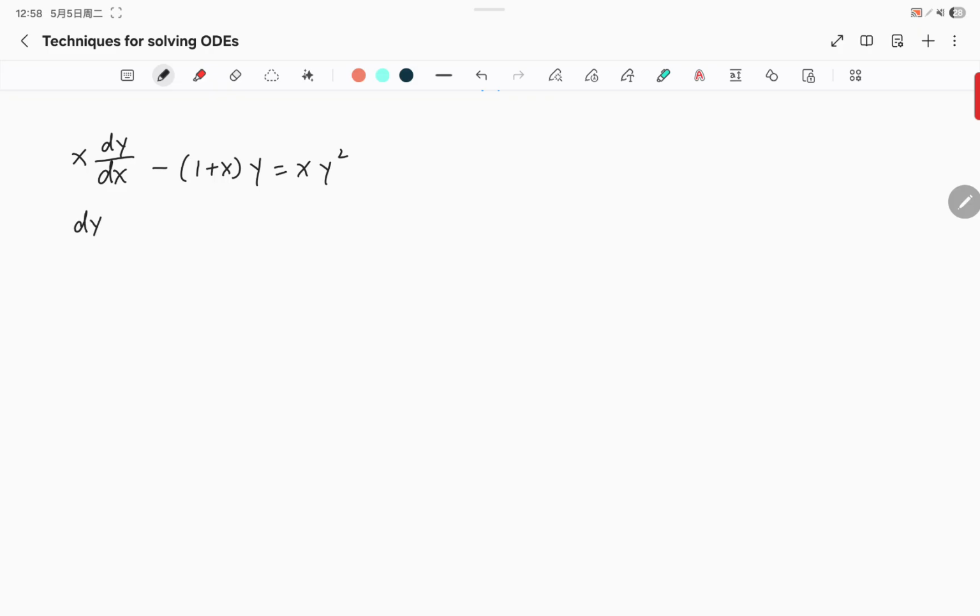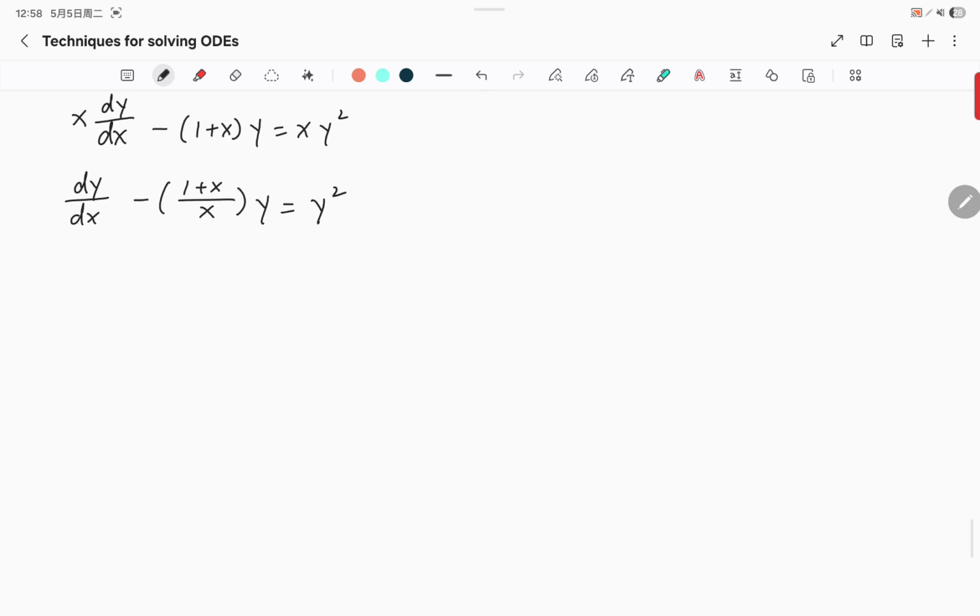We got, there's no x. And now we're going to identify what is my p of x, what is my f of x, and what is my n. This 2 comes from the power 2.